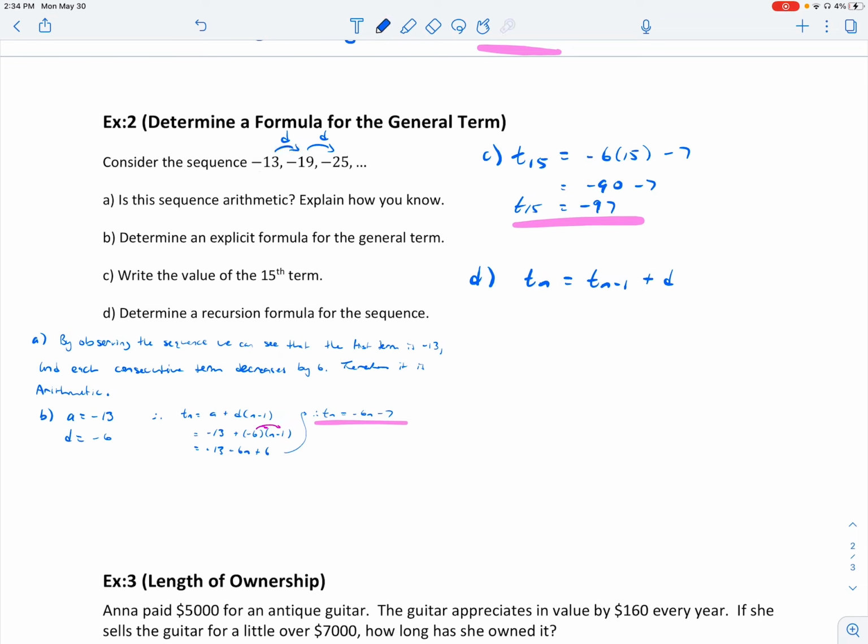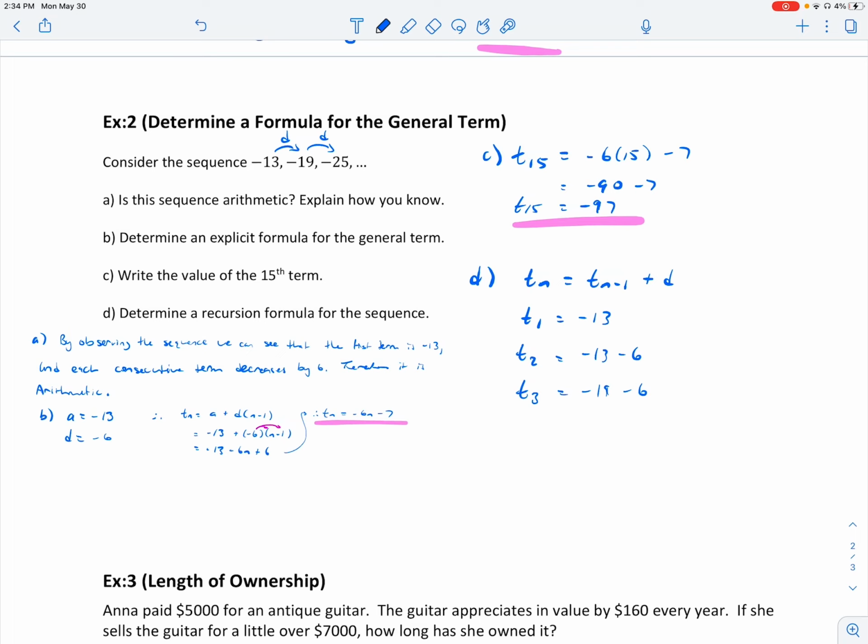So what is the recursion formula for this sequence? So sometimes I find it helpful to write out each term. So the first term is negative 13. The second term is negative 13 minus 6. The third term is the second term, which is negative 19, then minus 6 again.